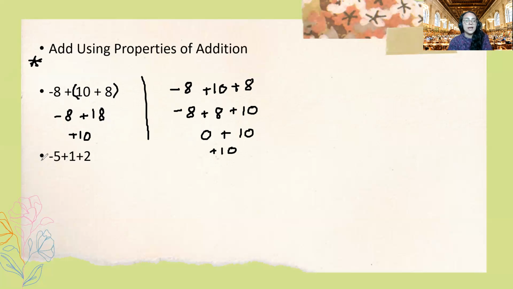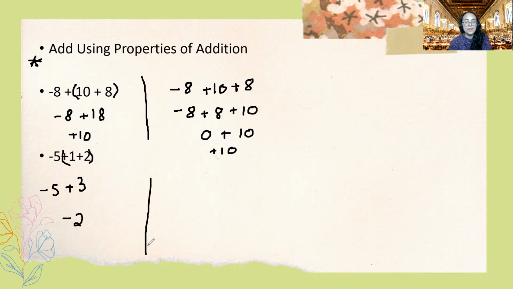Okay, in our next example, we have negative 5 plus 1 plus 2. Of course, you can add negative 5 plus 1 first, or you can add positive 1 and positive 2 first, which I would like to do. So 1 plus 2 is going to give me positive 3, and I bring down my negative 5. Here I have negative 5 plus 3, and this is going to give me negative 2.